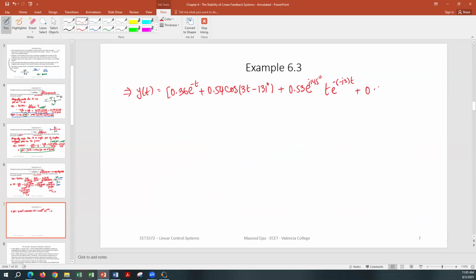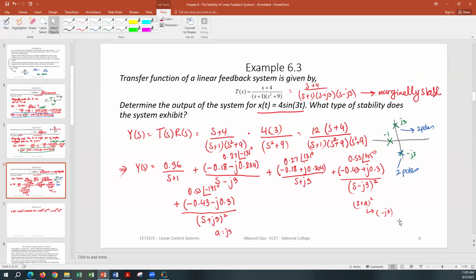plus 0.53 e to the power negative j145 degrees t e to the power j... negative, I'm sorry, which alpha you're referring to?